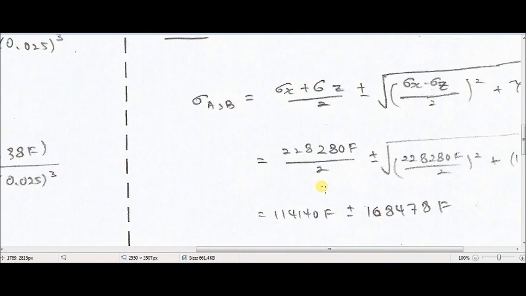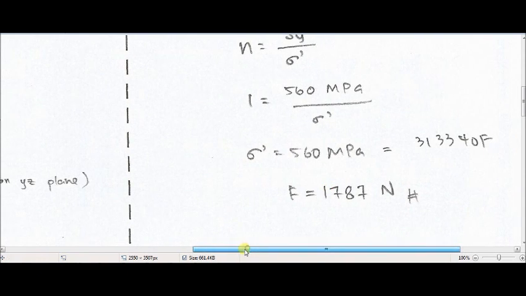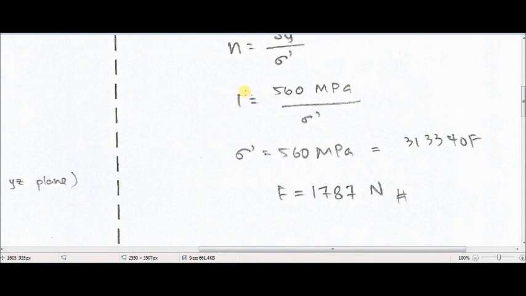To find the minimum load which causes yielding at the range, the safety factor has to be assumed as 1. So if we consider safety factor equals 1, we will find the minimum force which causes yielding at the range or in the material.